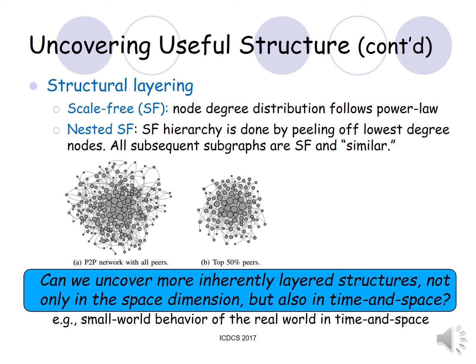By taking off all the lowest degree nodes, the remaining subgraph is still scale free, and it's similar to the original graph. By recursively peeling off the lowest node degree, you create a set of nested scale-free subnets. We show an example of the use of this property.